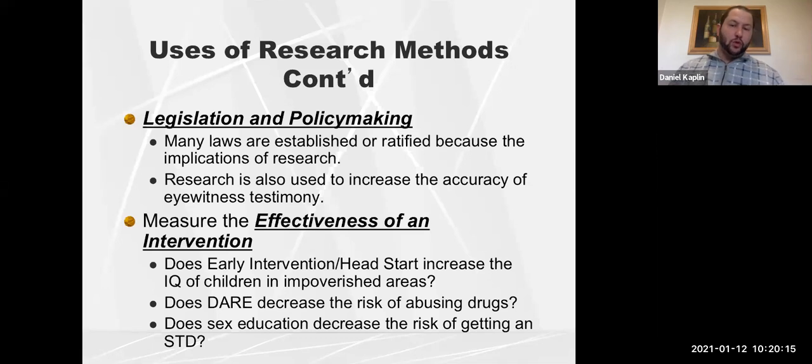Does it help? Well, you could do research to determine that. Now, why would you want to do research to determine the effectiveness of an intervention? Because billions of dollars per year are spent on things like early intervention and Head Start. Spoiler alert, they do work, they do help. So early intervention and Head Start are very good programs.